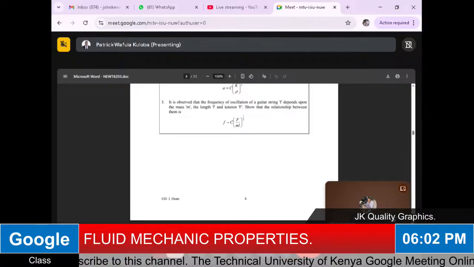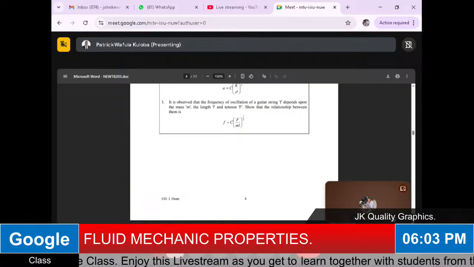To write the equation, the frequency F is a function of the bracket, we have M, L, and F. We expand that, you can call that equation 1.